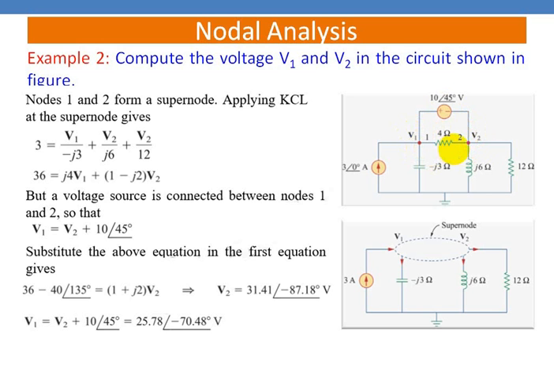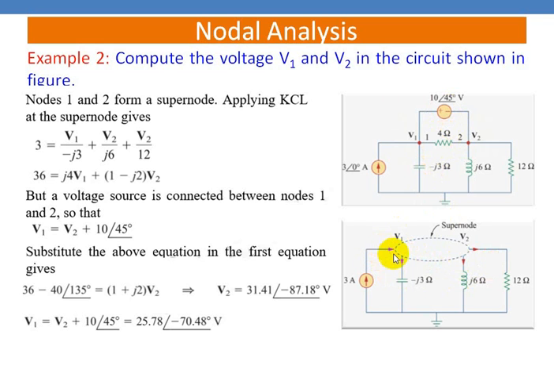Now let us see how to write the equations. We are going to form a super node. Remove these two elements, whatever element is connected across this source has to be removed. So the 4 also has to be removed. Now the remaining branches are 1, 2, 3 and 4.